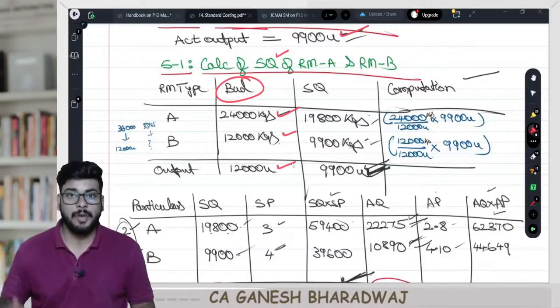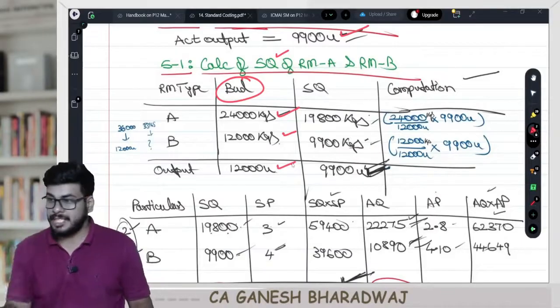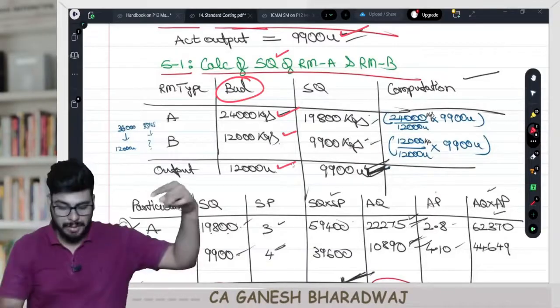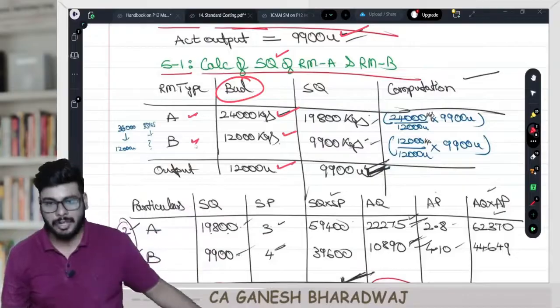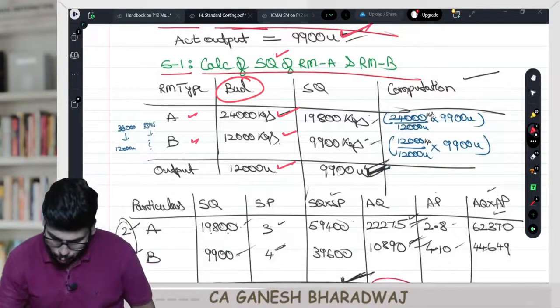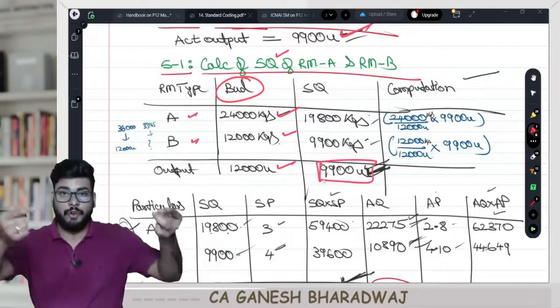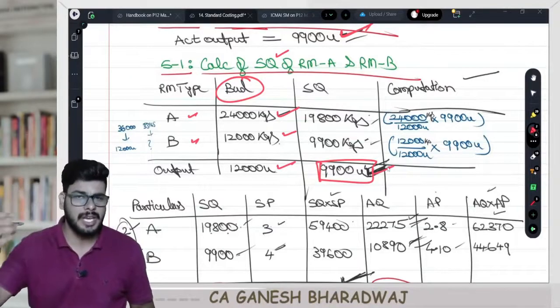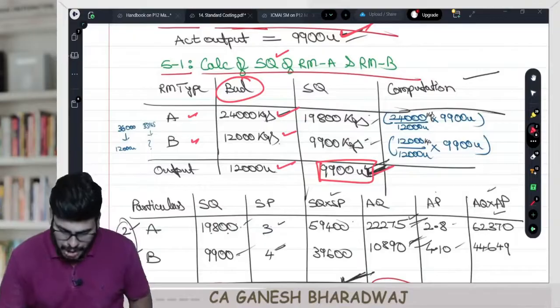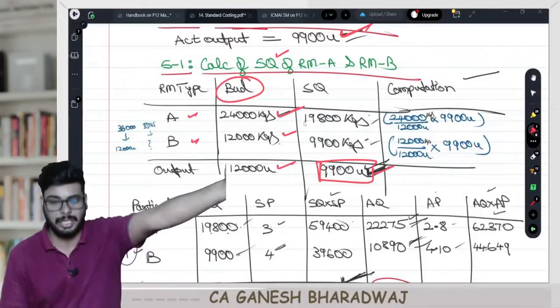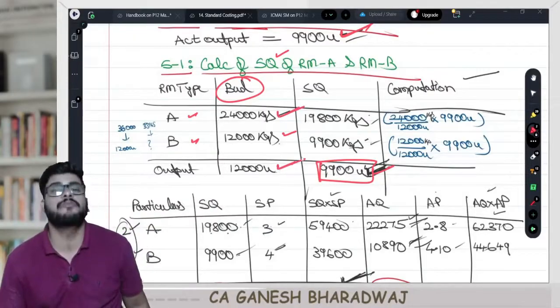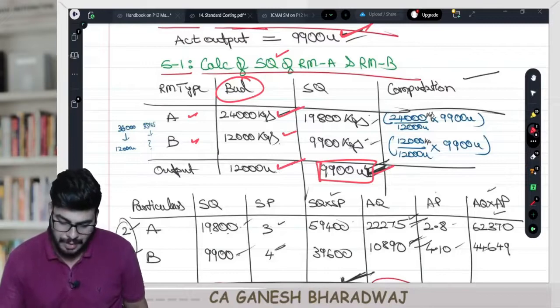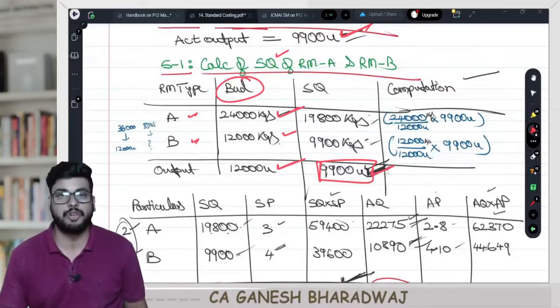Now, what do you mean by standard quantity? To achieve my actual production, how many kgs of raw material A and B should have been used? So what is your actual output? 9900. So for me to achieve 9900 units of output, how many kgs of A and B I should have consumed? Very simple. If 24,000 kgs I can consume to get an effective output of 12,000 units, how many kgs of A I should consume to get an effective output of 9900?